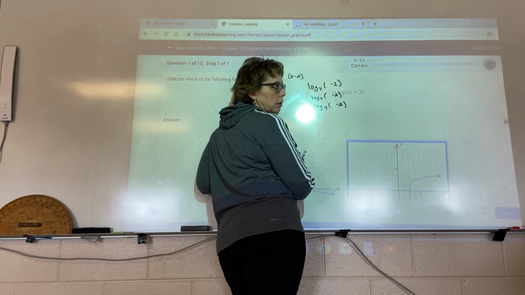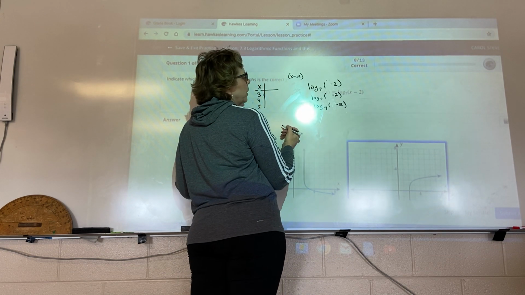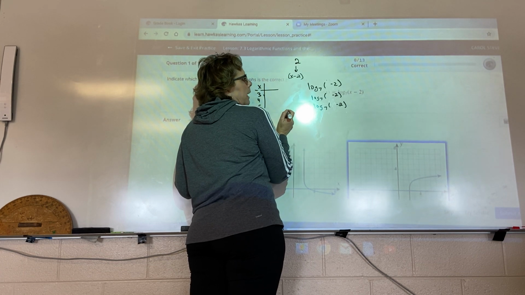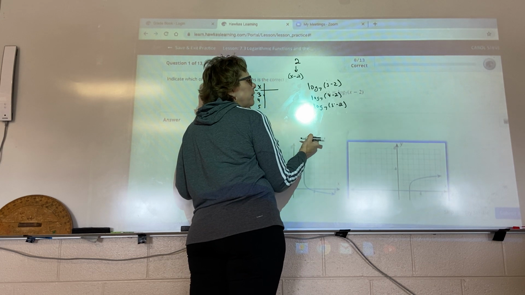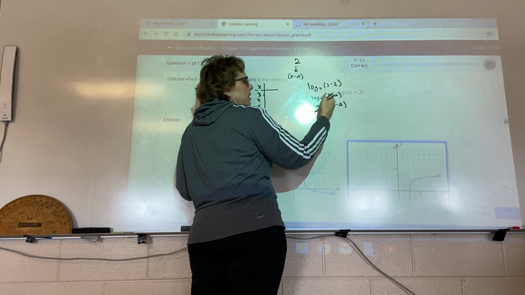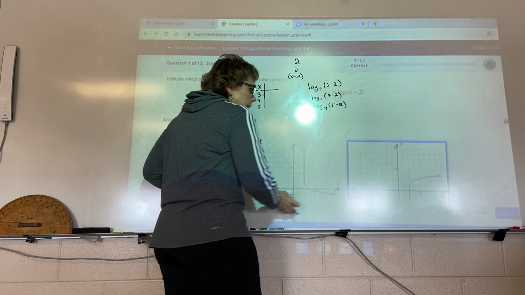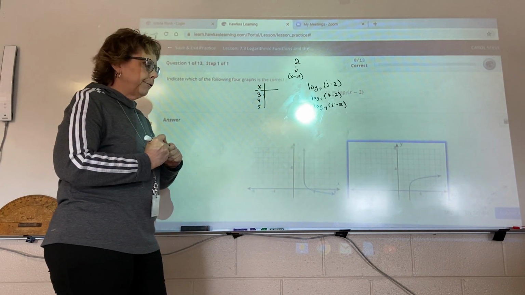It's not going to work. That's why we want to choose values beyond 2. So when I put 3, when I put 4, when I put 5 in there, now I'm good. Log base 7 of 1, log base 7 of 2, log base 7 of 3. And then you'll get answers, and then see what your points would look like, and then pick your graph.